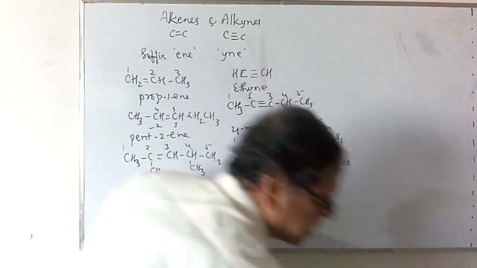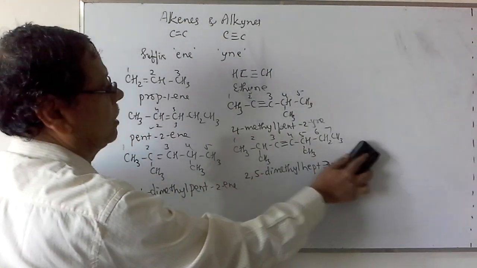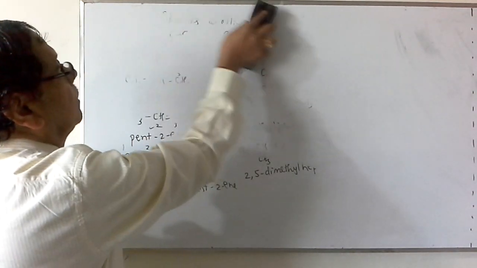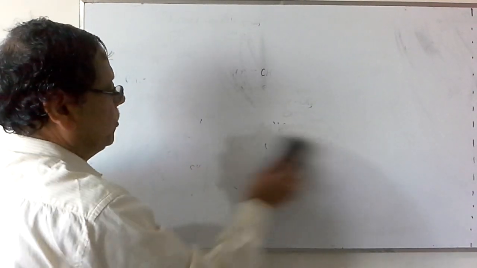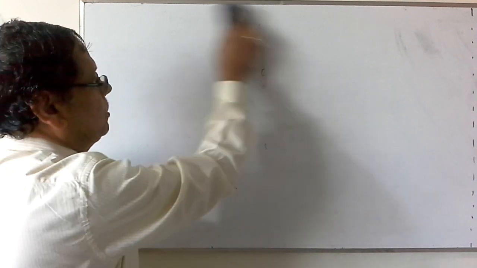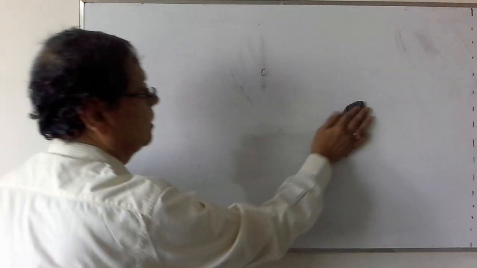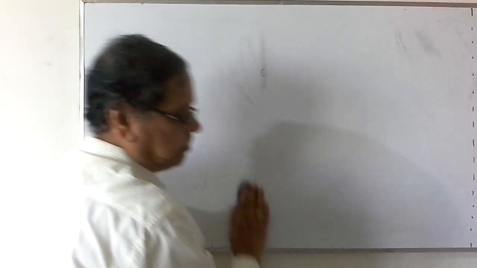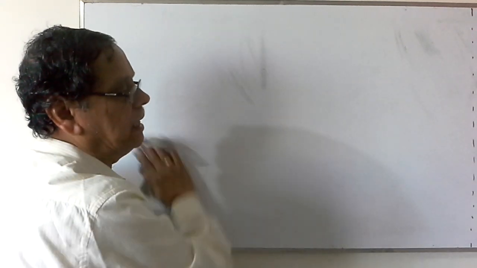Similarly, for the compounds containing different types of functional groups, we can consider the following table, which gives both the prefixes as well as suffixes. In case of these carbon-carbon double and triple bonds, we only have to consider the suffixes ENE and YNE.